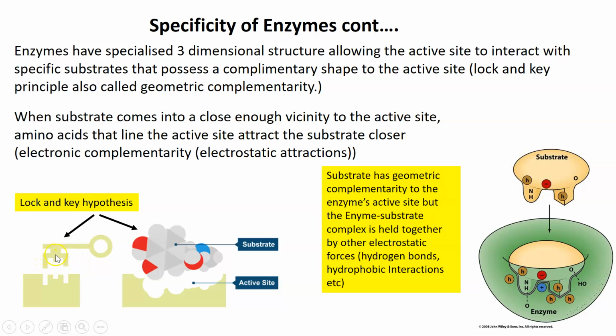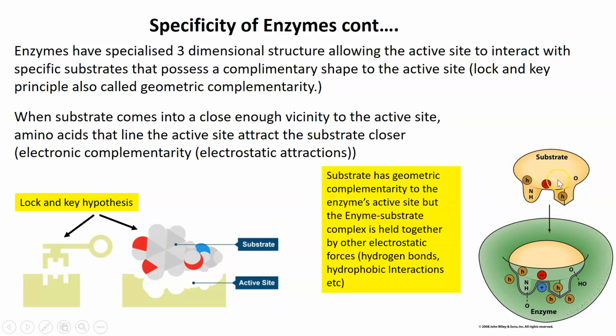The shape of this bit of the key fits in quite nicely, is complementary to the structure in the lock, this key fits in, and then you can turn the lock. If it doesn't quite fit in, you can't turn the lock. Enzymes are similar. The substrate's structure fits in quite nicely to the active site of the enzyme, the substrate binds, and the enzyme can perform its catalytic reactions.